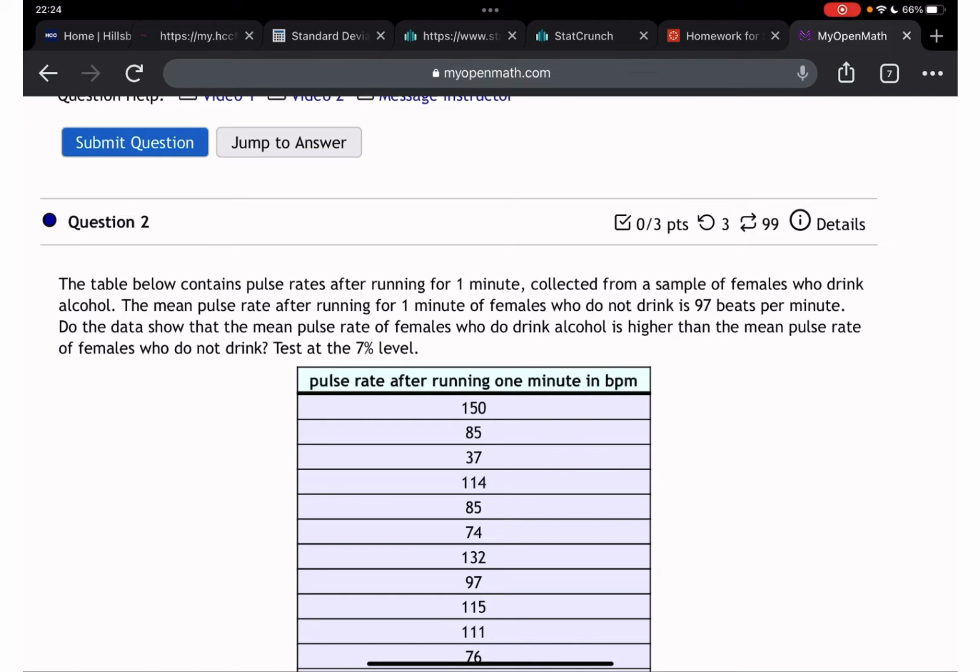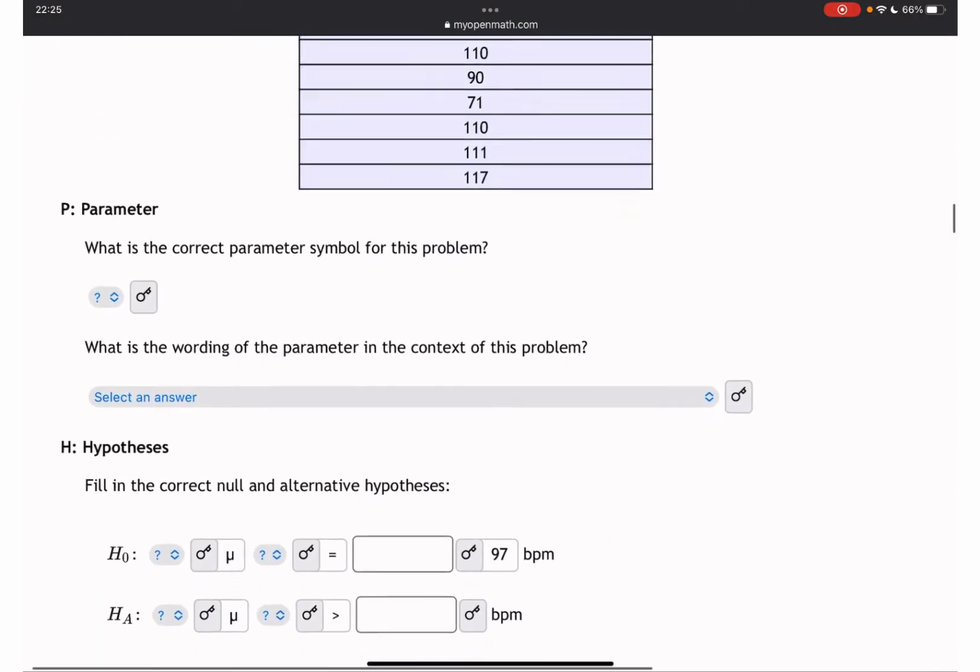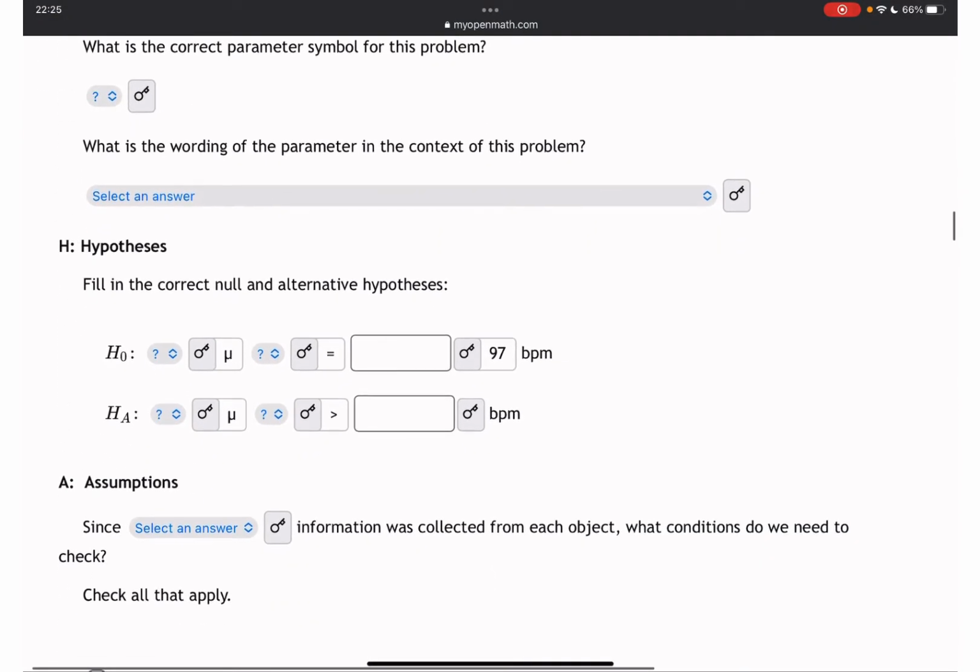Do the data show that the mean pulse rate of females who do drink alcohol is higher? The question is asking, does that mean the average pulse rate of the females who do drink alcohol is higher than the mean pulse rate of females who do not drink? Since it says higher, this is why we use greater than, and because the equal sign is missing there, that claim is going to be the alternative.